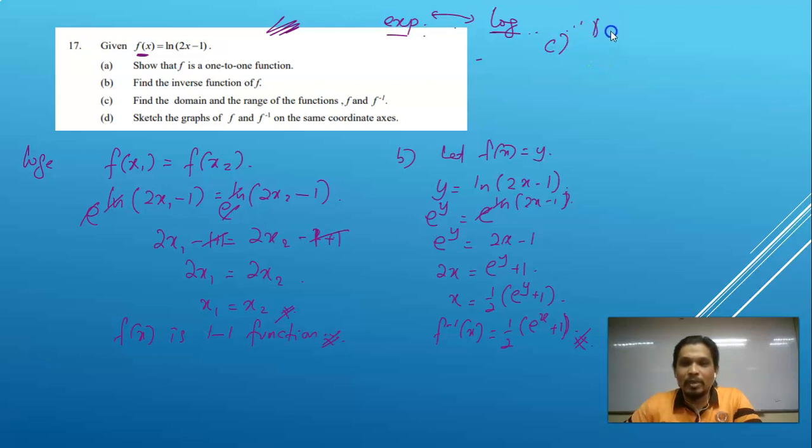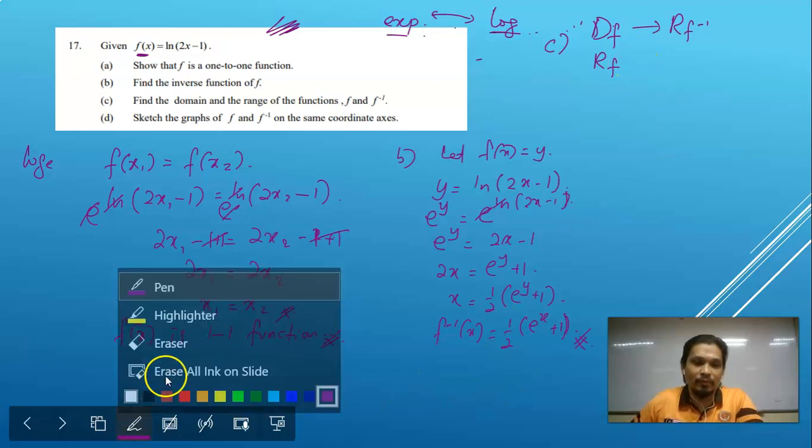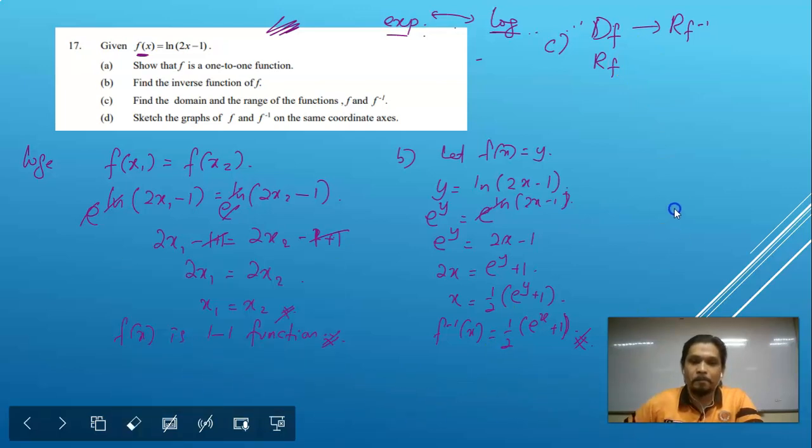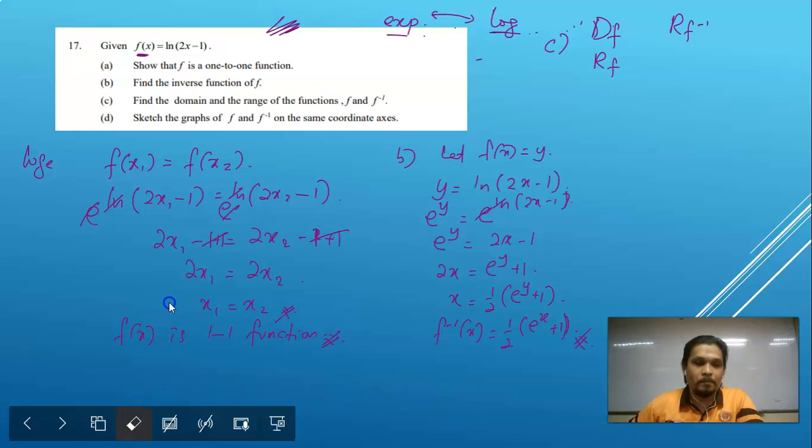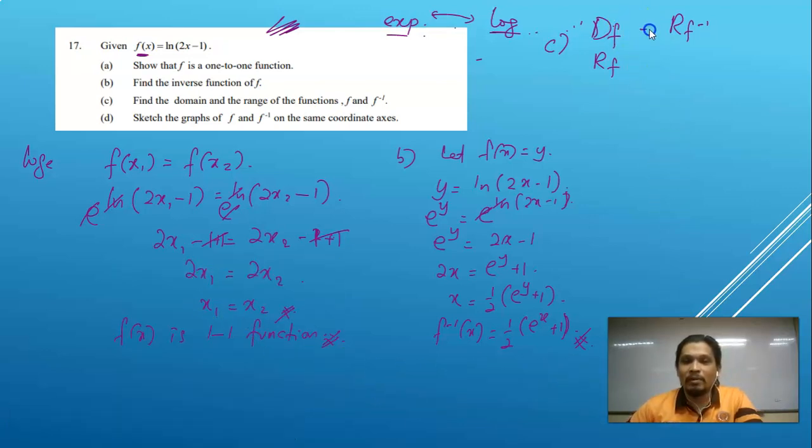The domain of f is equal to the range of f inverse, and the range of f is the domain of f inverse.